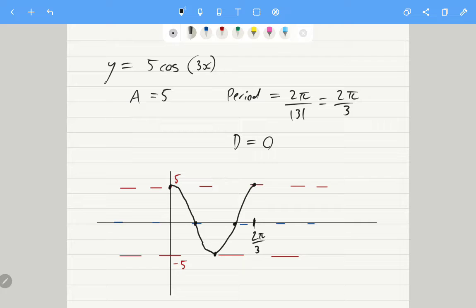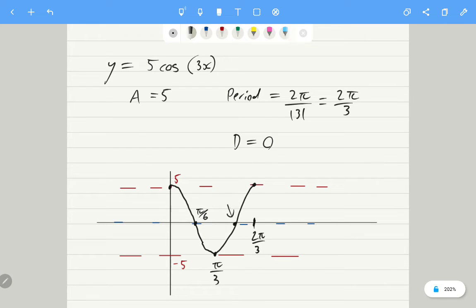Well, the minimum is halfway between the maximum, so it's just halfway between 0 and 2 pi on 3. Well, that would be 2 pi on 6, or just pi on 3. Half of 2/3 is 1/3. And these other two, well, the next one's going to be halfway between 0 and pi on 3, so that would be pi on 6. More interesting one is this point here.